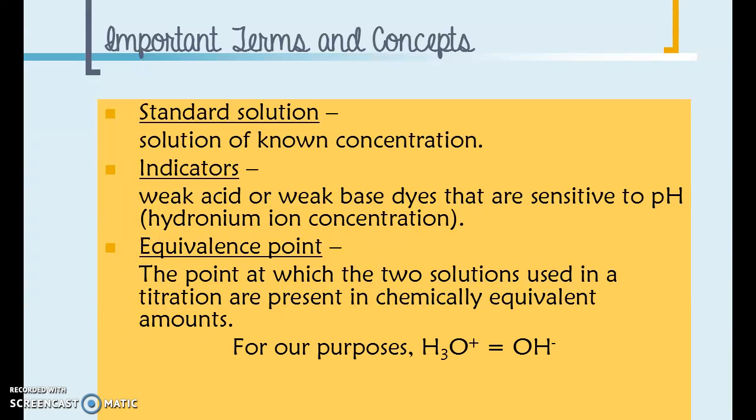We also call that the end point. So it's basically telling us that the moles of our acid is equivalent to the moles of our base, and we are done with our reaction.